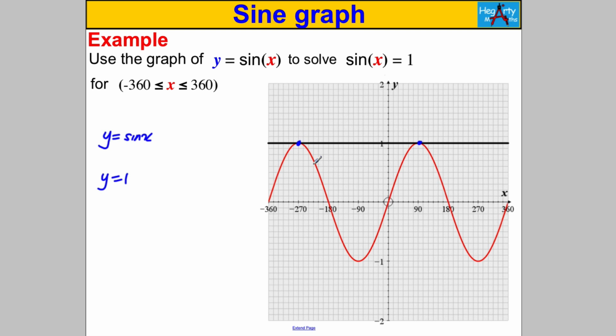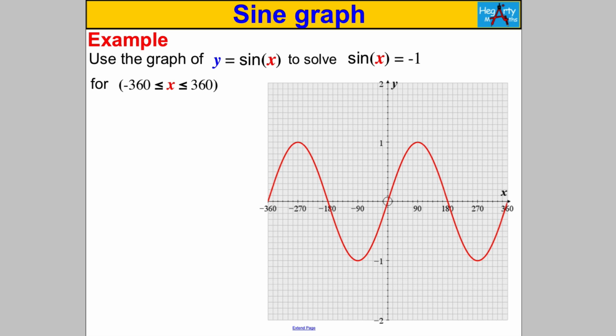And for what x values is that true? Well, just by reading down nice and carefully, it's x is negative 270 and x equals 90 are my two answers. So here we have x is negative 270 and x is equal to positive 90, and I'm done. Let's try another one.